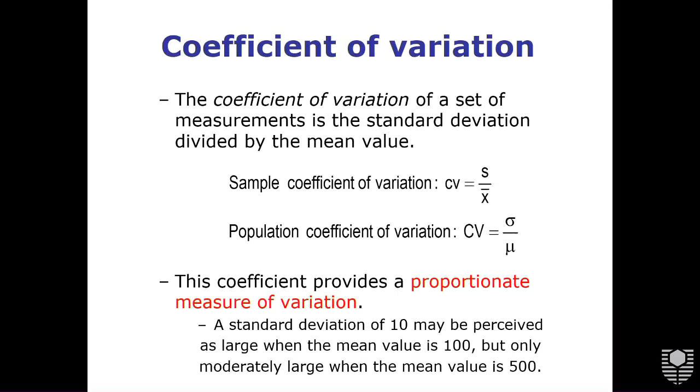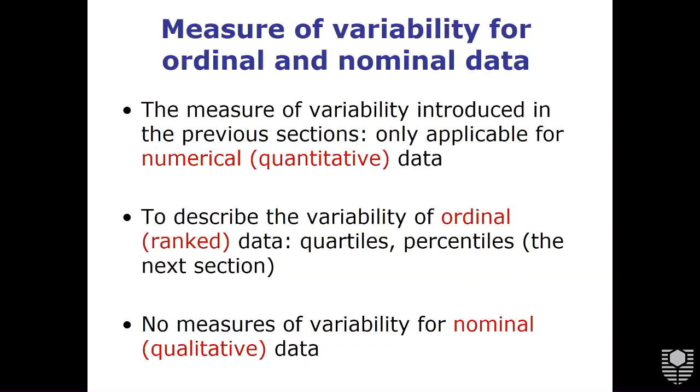Next is the measurement of variability for ordinal and nominal data, because that one was for numerical or quantitative data. Histogram, variance and standard deviation measure numerical or quantitative data, but to describe the variability of ordinal or rank data, we use quartiles and percentiles, which the next sections will cover.